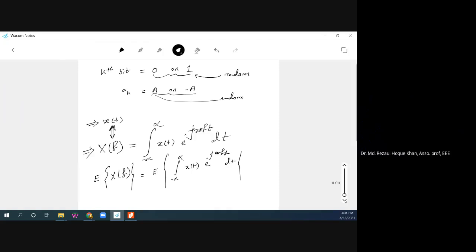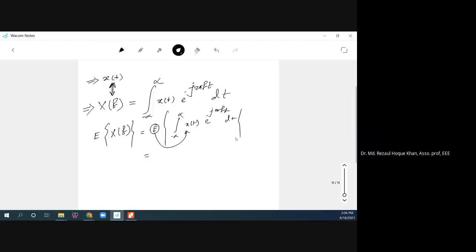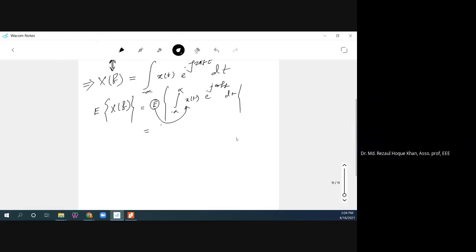Now we can insert this expected value inside the expression. We can rewrite it as the integral from minus infinity to plus infinity of the expected value of x(t) e to the power minus j 2 pi f t dt.